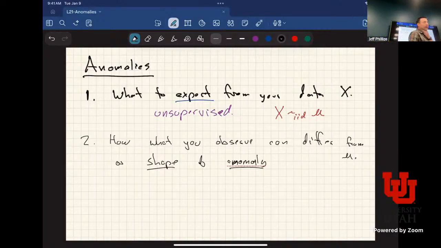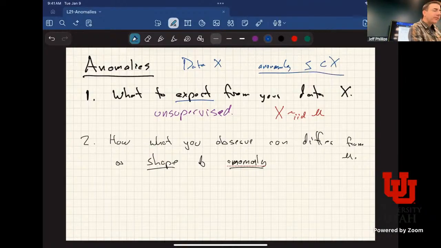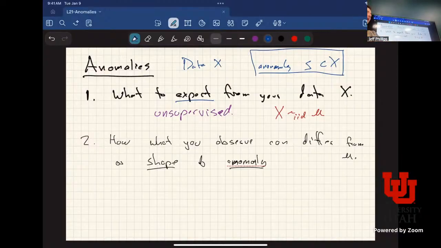If we have an anomaly, we're going to have data X, and the anomaly will be a subset of X. I will distinguish between an outlier, a single data point which is observed in some way and is very different from everything else, maybe a spurious reading like we talked about in Monday's lecture, and an anomaly, which will be a subset of the data.